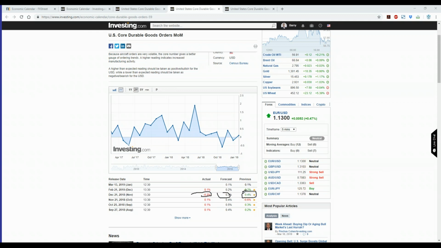we had a big revision upwards. So what happens when you get a revision upwards, and it was revised up from 0.2% to 0.4%, that means that the expectation for this month might be out of sorts, because when they recalculated everything, and sometimes you have a 4-month weekend, a 5-month weekend, the first of the month falls on a Wednesday.